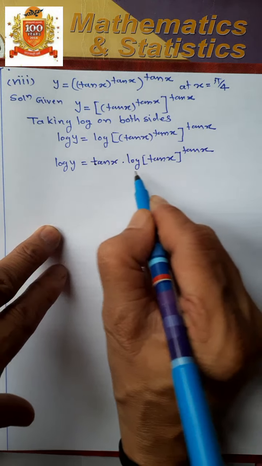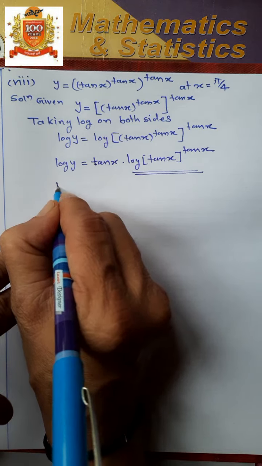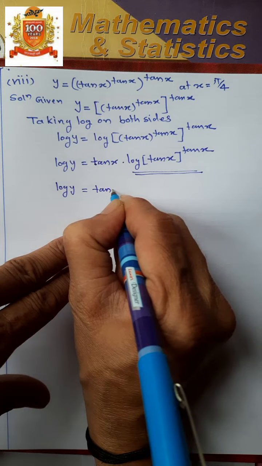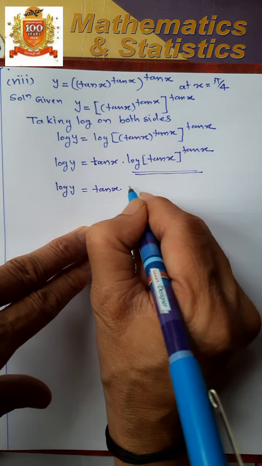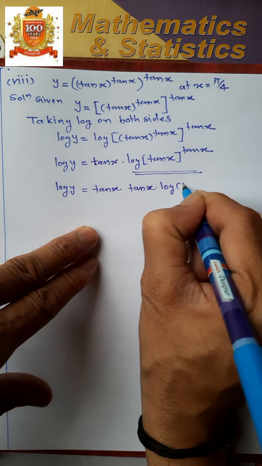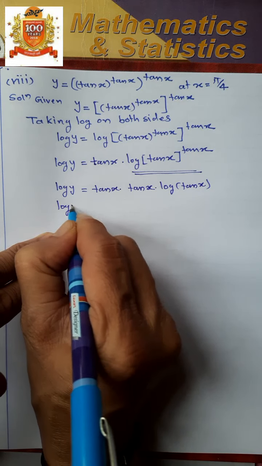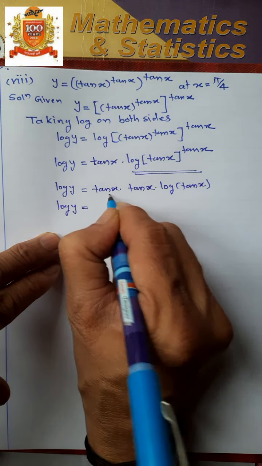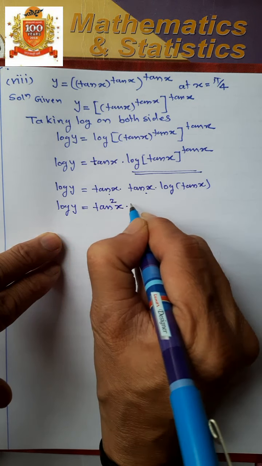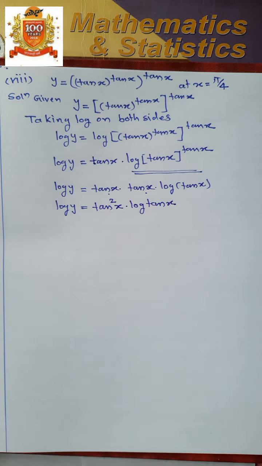Again apply the logarithmic property here. We get log of y is equal to tan of x constant. This again becomes tan x into log of tan x. Therefore log of y is equal to tan x into tan x means tan square x into log of tan x we have.